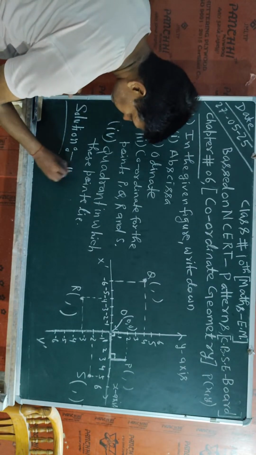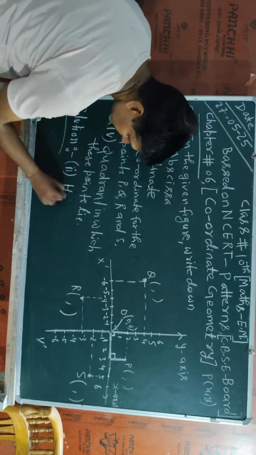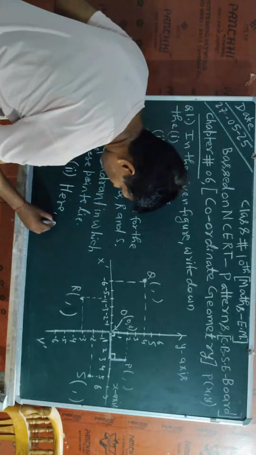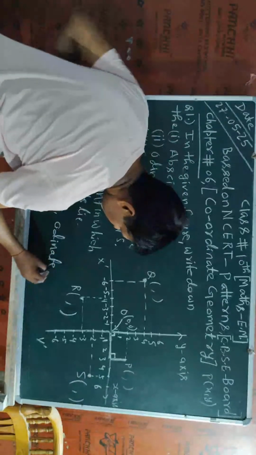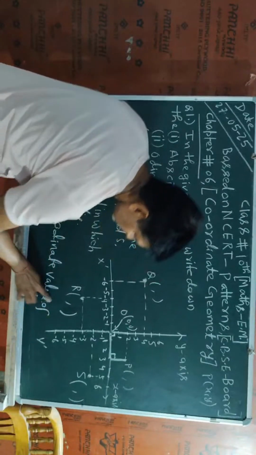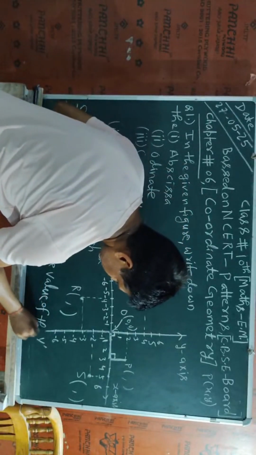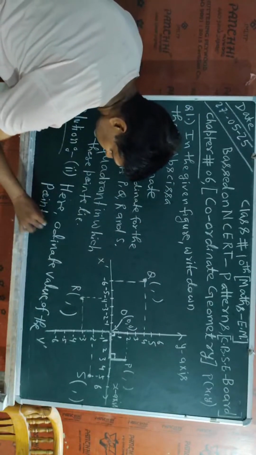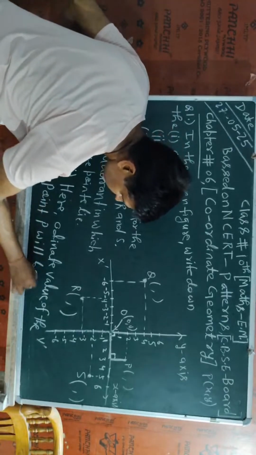Now, number 2, I will say here the ordinate value of the point P will be 2.